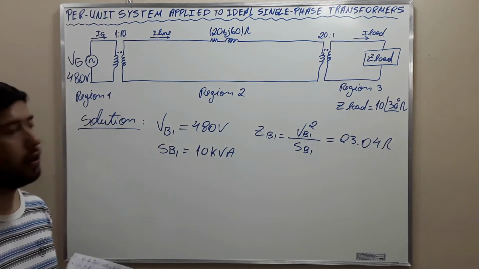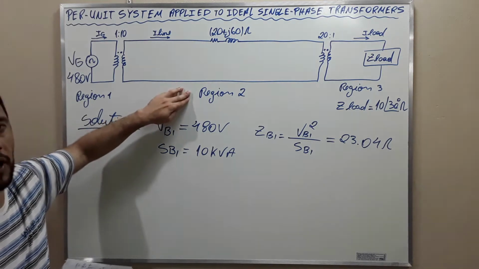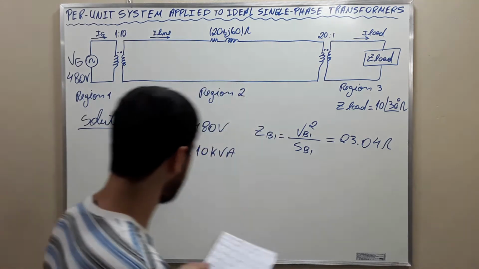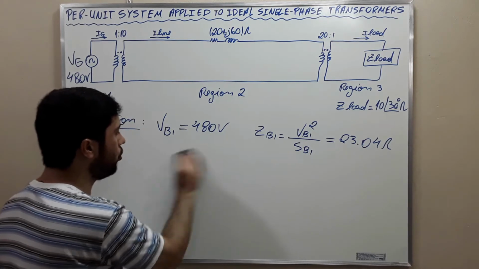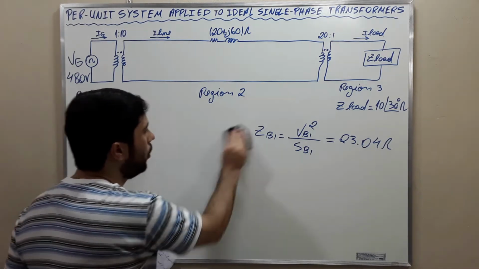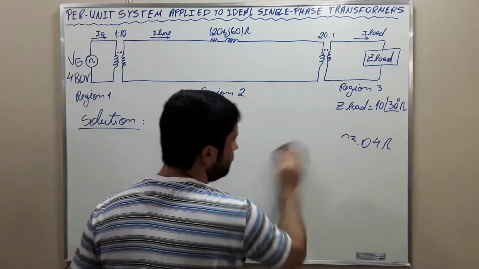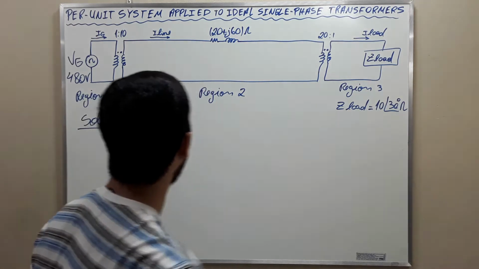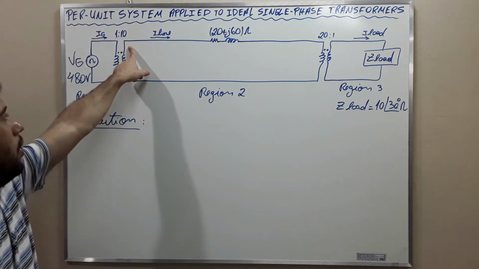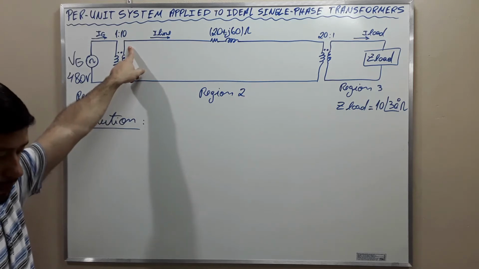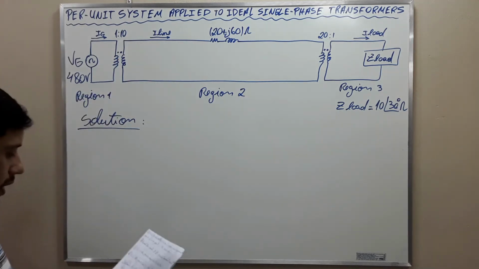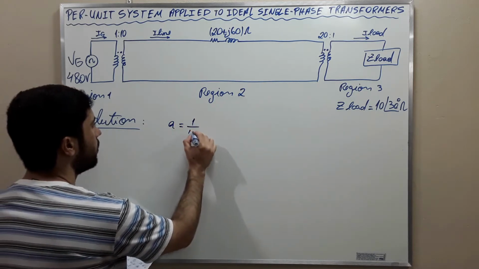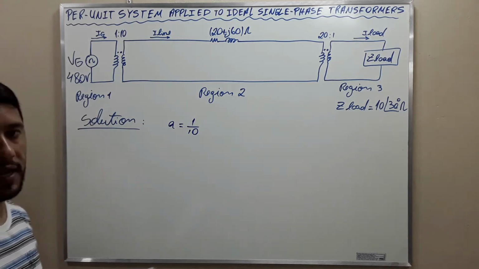Now, let's do the same for region 2. For region 2, we need to pay attention to the turns ratio of transformer 1. The turns ratio a is equal to 1 over 10.